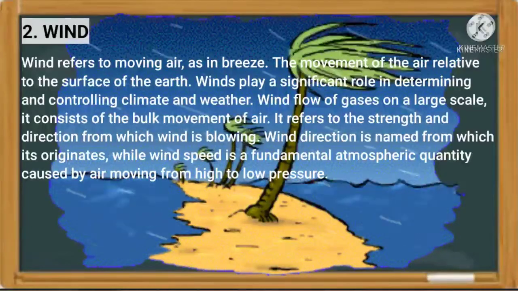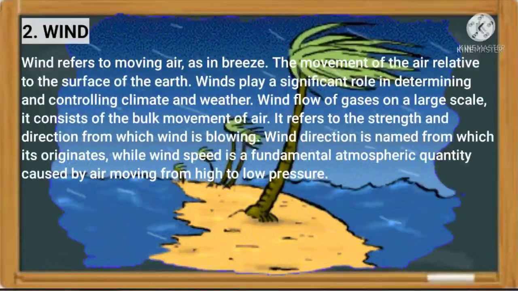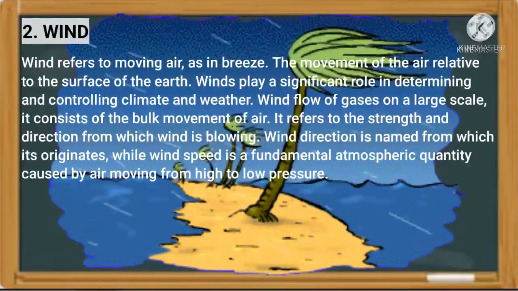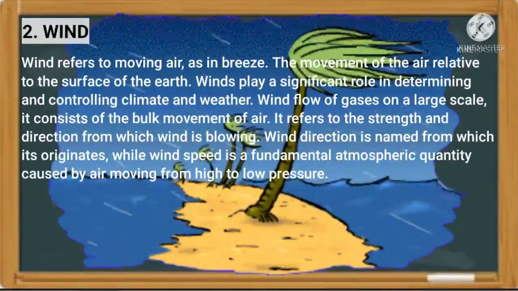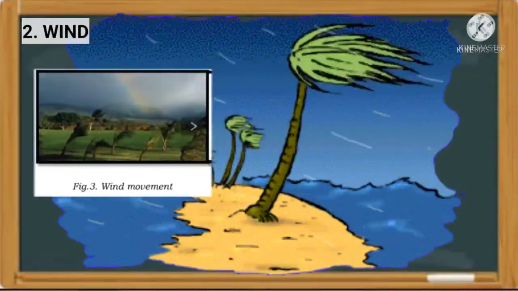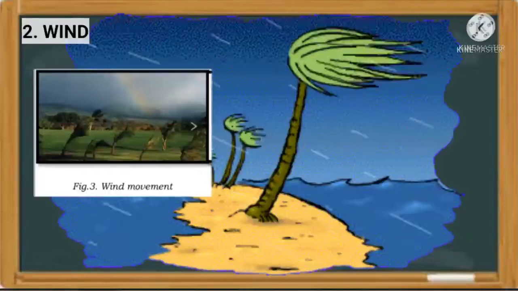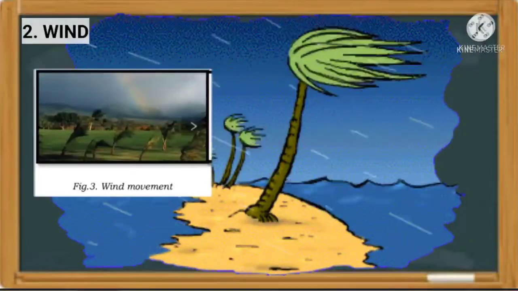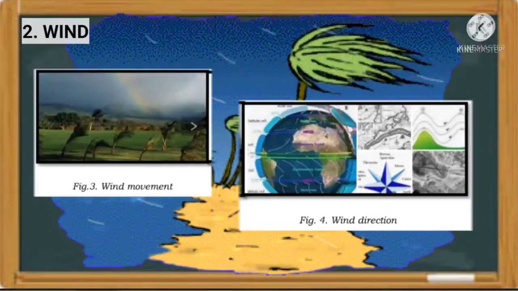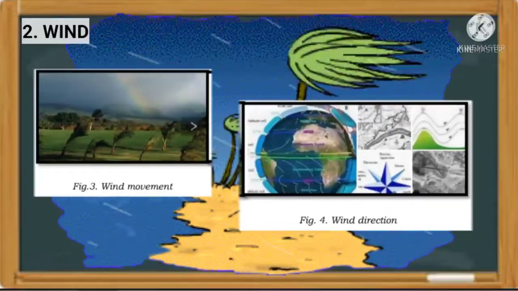while wind speed is a fundamental atmospheric quantity caused by air moving from high to low pressure. You can see there on the screen the figures. Figure 3 illustrates the wind movement, and figure 4 illustrates wind direction.